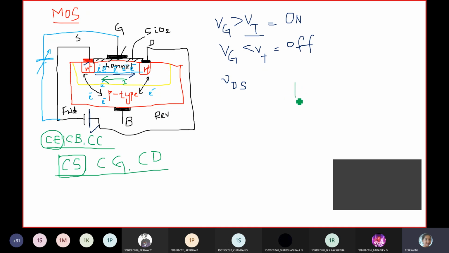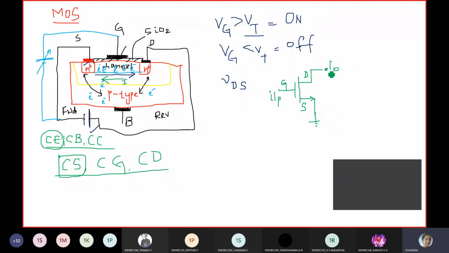The symbol of MOSFET is like this. There are 2 vertical lines representing the gate and the channel. The 3 terminals are gate, drain and source. Common source means the source will be grounded. We will give input to the gate and measure output at the drain.